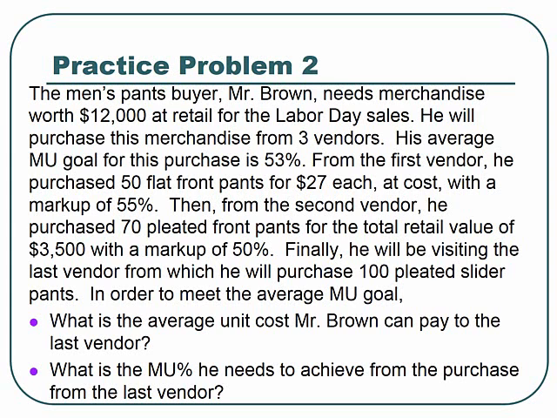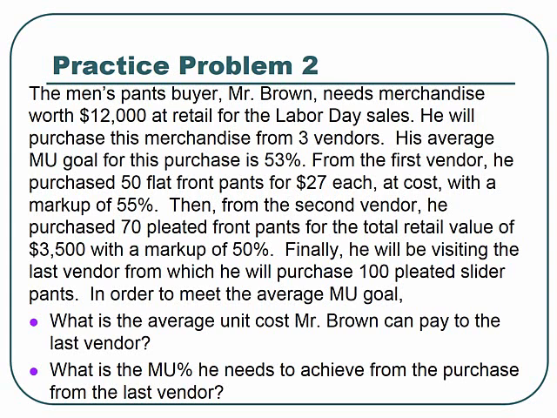So we've got the quantity of 70 pants and the total retail value, not unit retail, of the second vendor's purchase. Finally, the buyer will be visiting the last vendor, from which he will purchase 100 pleated slider pants.